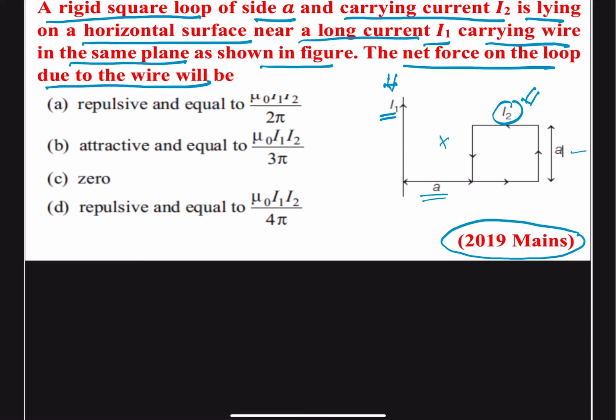Let me name the corners A, B, C and D. The magnetic field near the conductor AD, let us suppose, is B1, and near the conductor BC, let us suppose, is B2.